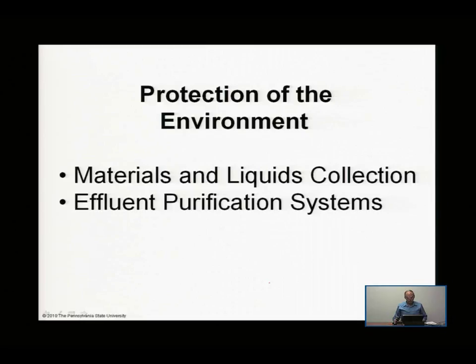And you have to make sure the infrastructure protects the environment. So you have to look at issues like materials and liquids that are left over from processing, which have to be properly collected and disposed of. And effluents, be they gaseous or liquid, have to be purified in some way. There have to be systems for this. One must make sure that the infrastructure also protects the environment.